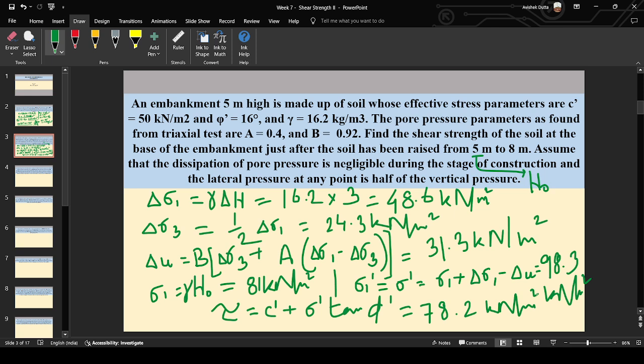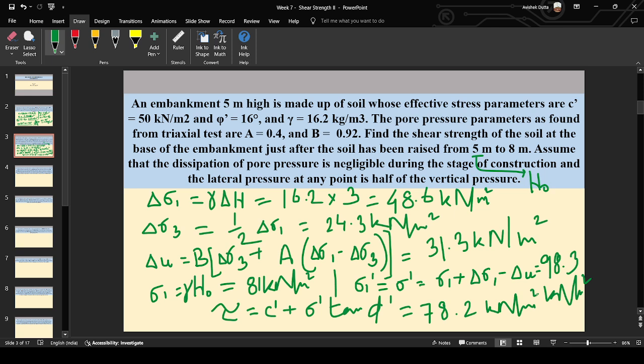So first we found out the change in the effective normal stress, then the change in the minor principal stress, and then using the pore pressure parameters we found out the change in the pore pressure. Next we found out the initial normal stress, from which we calculated the effective normal stress after construction, initial plus change minus pore pressure, and then tau equal to C plus sigma tan phi.